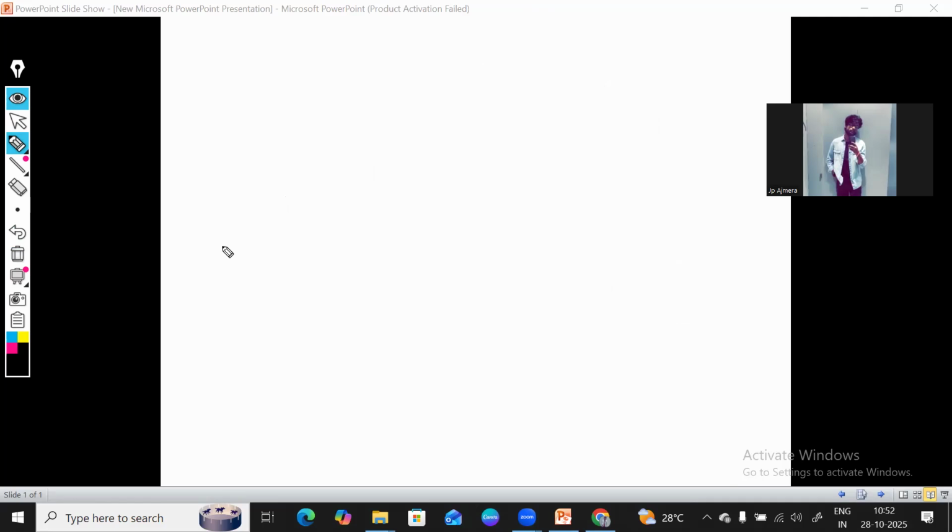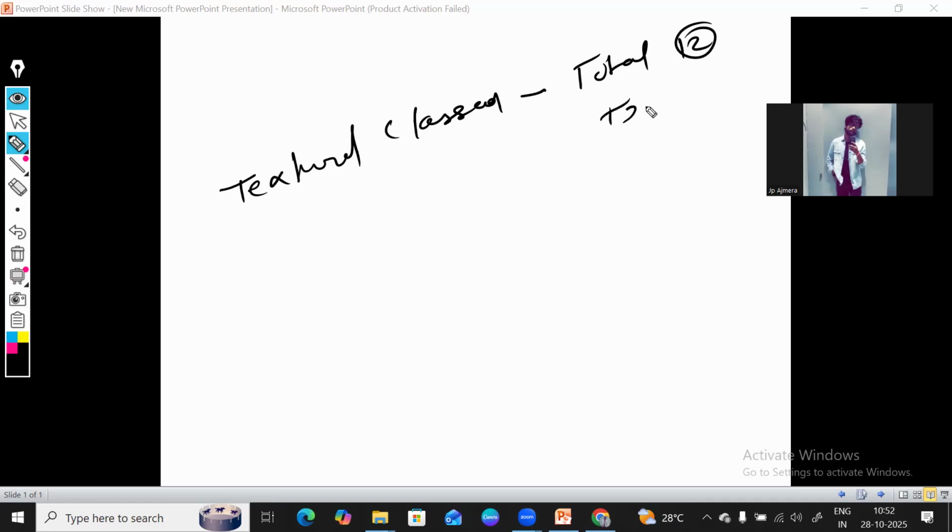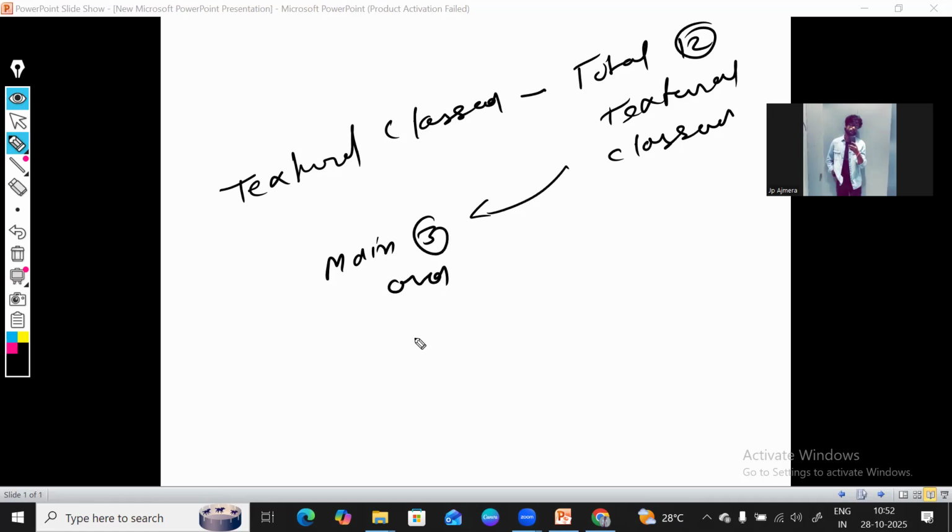There are a total of 12 textural classes, in which the main three are sand, silt, and clay.